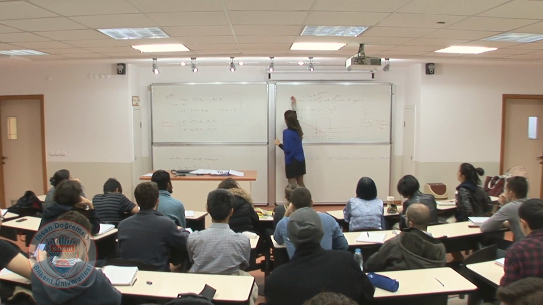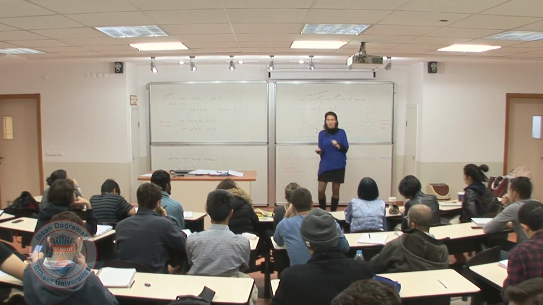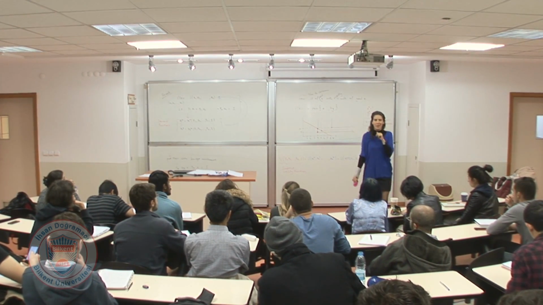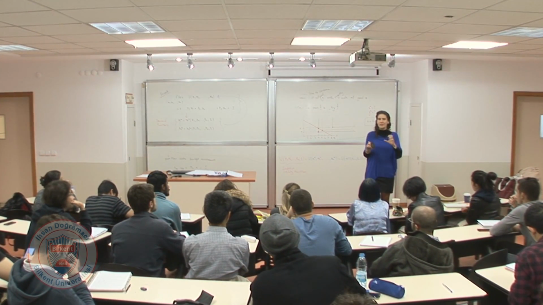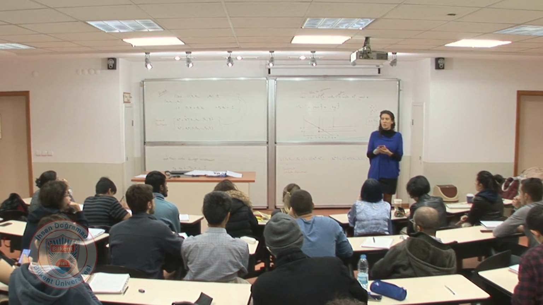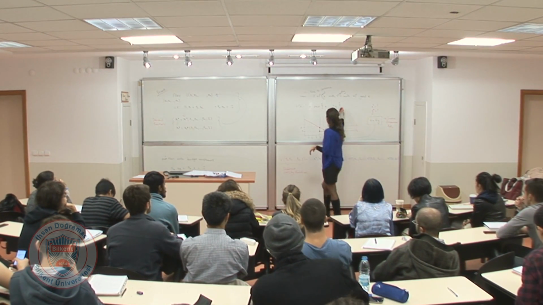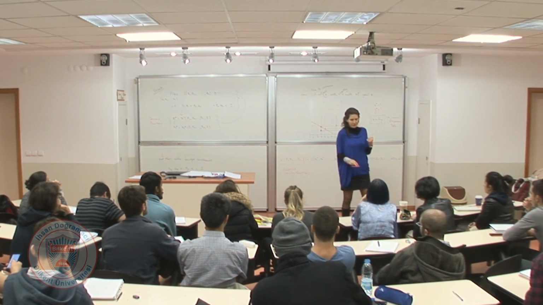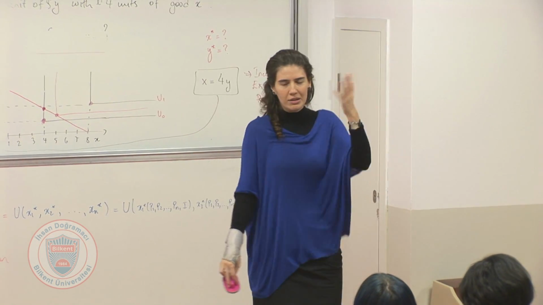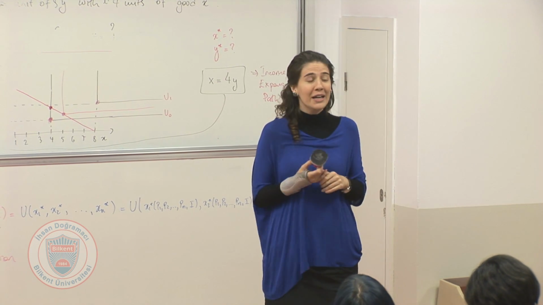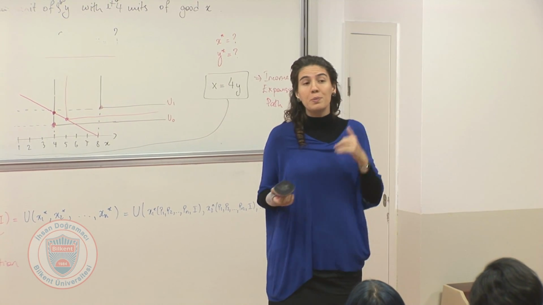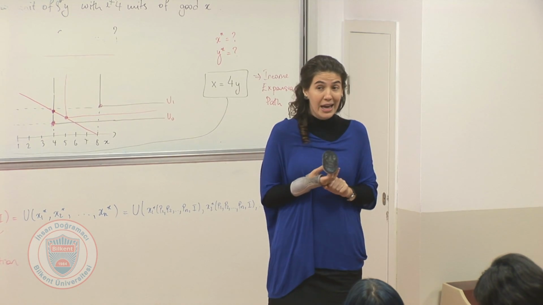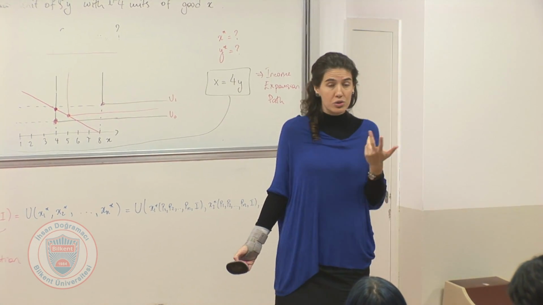Suppose you would like to put a tax. I hope you don't, but suppose you guys smoke, or you drink, whatever you like. Suppose I'm going to put a tax on cigarettes, and suppose you like consuming cigarettes.